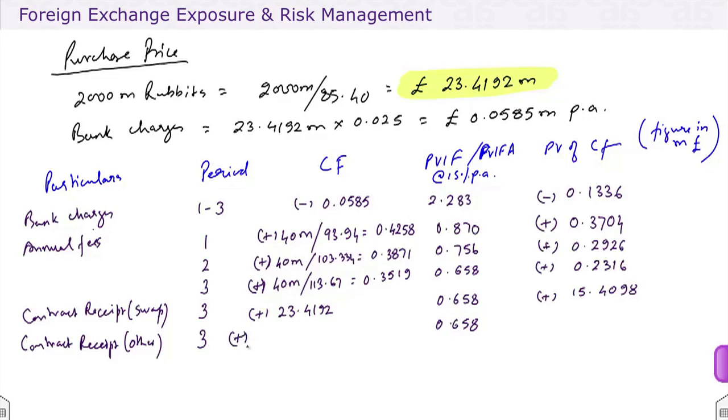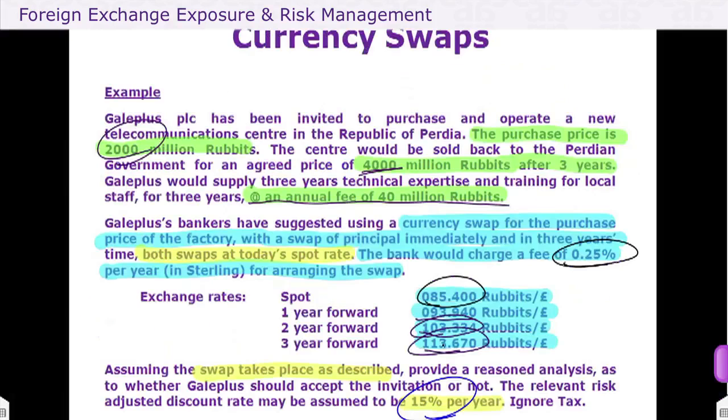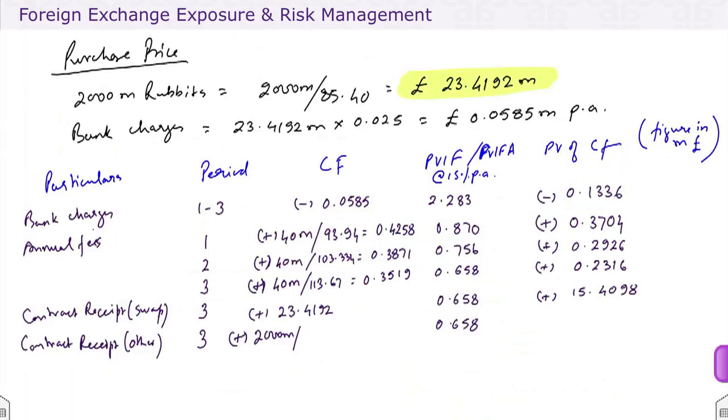And here we have a positive contractual receipt given by the government of additional 2000 million rupees. So we have 2000 million divided by the third year factor of 113.67, so it comes to 17.5948 million, multiplied with the factor of third year 0.658.